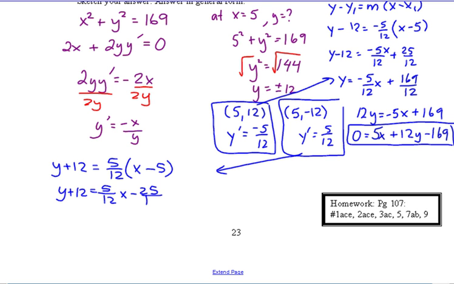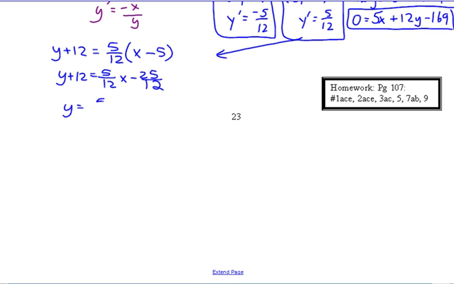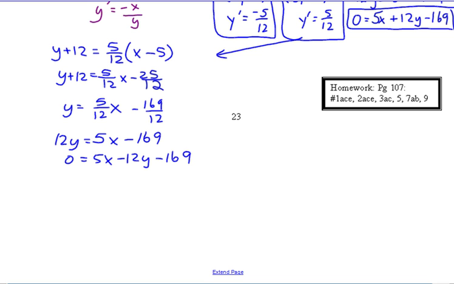It works out similar, but the signs are going to be different. So this is minus 144, 169 over 12. So times everything by 12, and then subtract the y. So just the signs are different. That's it. That's a long question, hey?